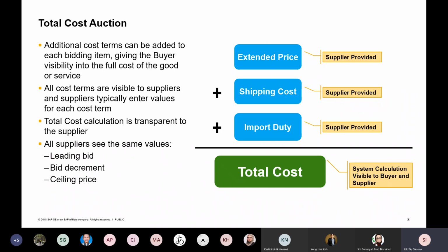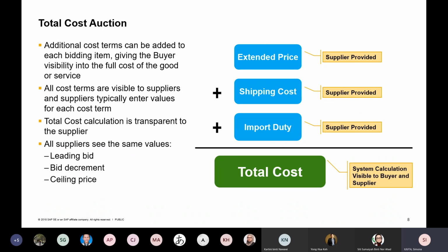So we have the ability to run what we call a total cost auction, guys. A total cost auction basically means you have an auction where you're going to be able to create a total cost of ownership, which is a formula in Ariba, and you will be able to include cost terms, which are added to the bidding item or lot, giving you as the buyer the visibility into the full cost of the service.